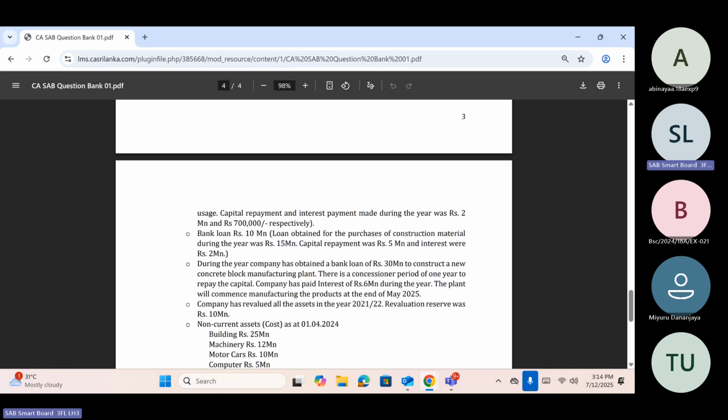Therefore, 2 million we can deduct. This shows the maximum limitation. From this formula, what we work out is the maximum interest cost that we can deduct for a particular year.